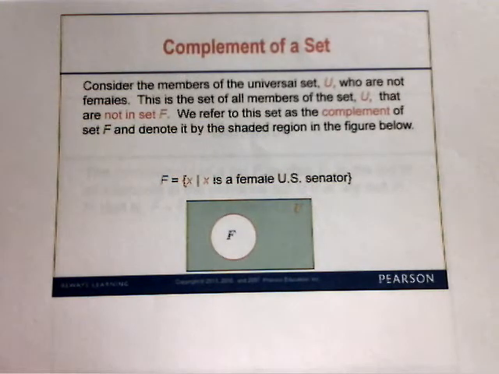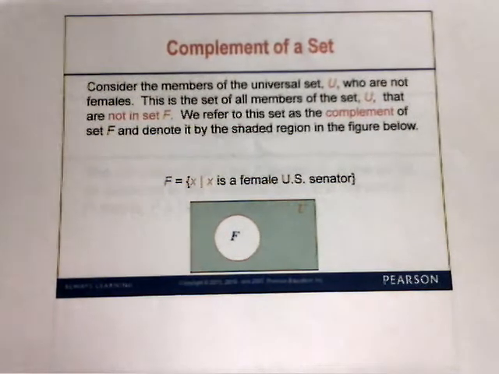Okay, consider the members of the universal set, which is U, who are not females. This is the set of all members of the set U that are not in F. Now we refer to this set as the complement of set F, and denoted by the shaded region in the figure below.